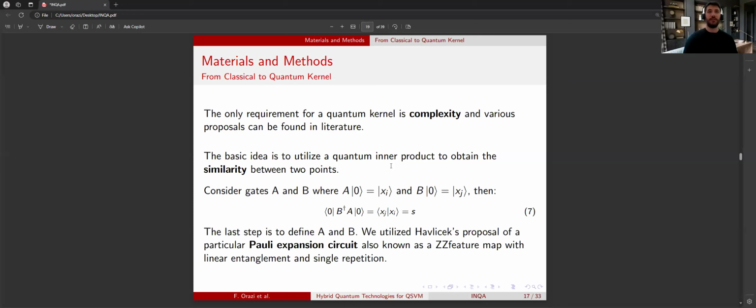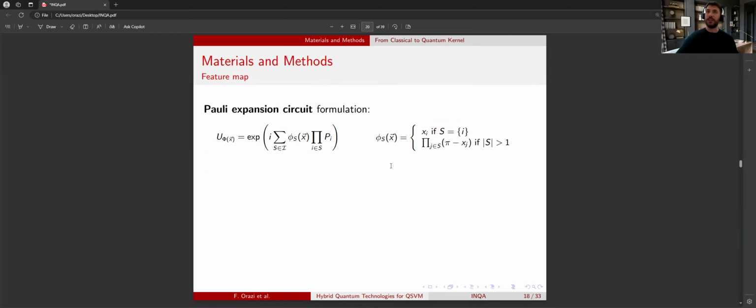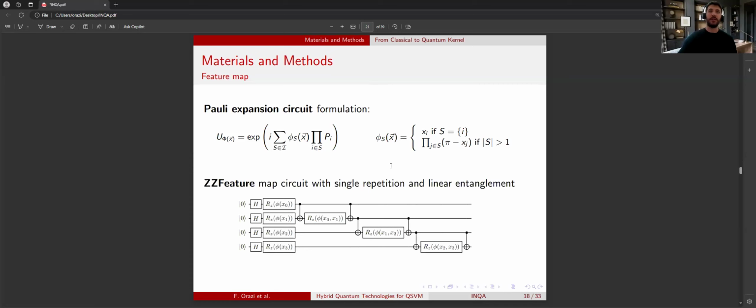We will need two different feature maps to encode the data points, but with the quantum inner product, we obtain a similarity score between the two. We utilized a Pauli expansion circuit formulation for our experiment, in particular the ZZ feature map with a single repetition and linear entanglement, which is a specific instance of the Pauli expansion circuit.